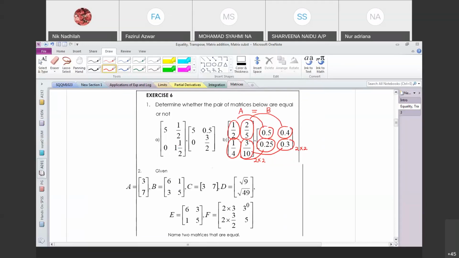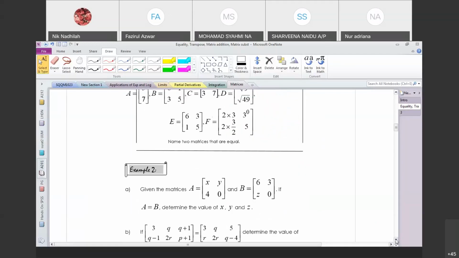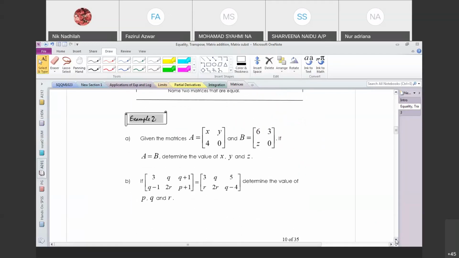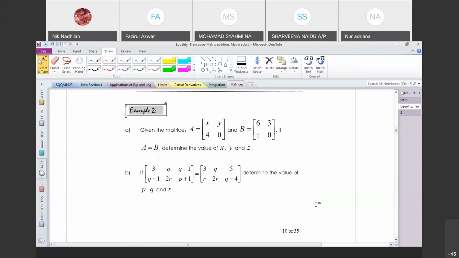For the other questions, you can work on your own. You can also do example 2 on your own.